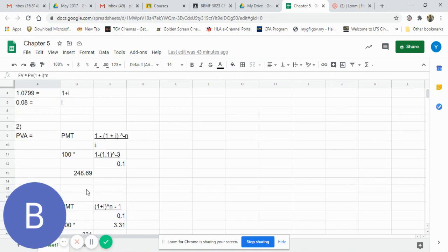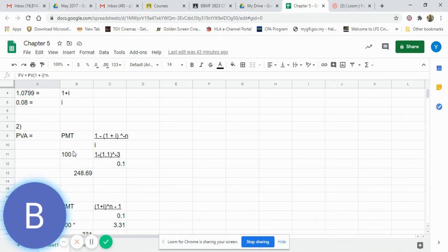Your PVA, present value annuity, equals PMT times (1 minus (1 plus I) to the power of negative n), and divide the whole thing by I, the interest rate.